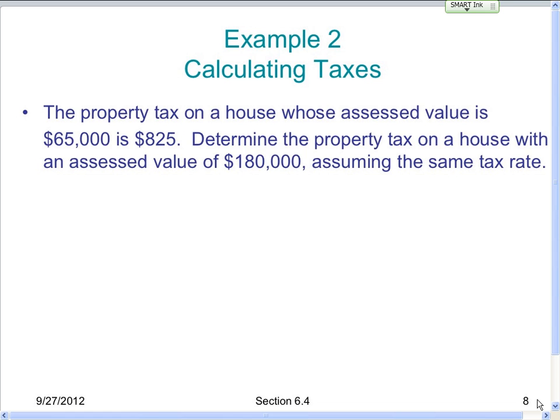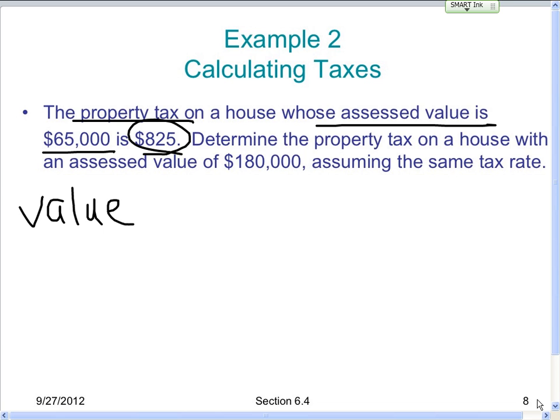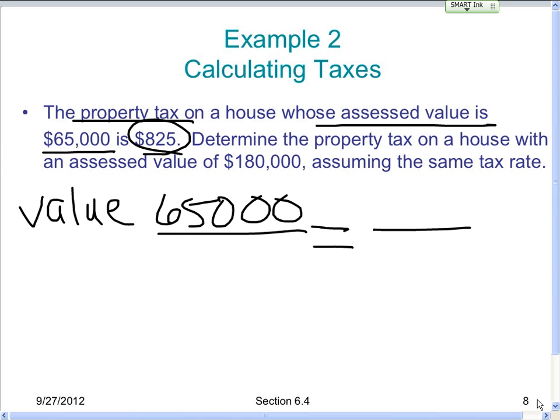So you have a property tax on a house. The assessed value is $65,000 and the property tax is $825. So if you're going to put value on the top of the fraction on the left, the fraction on the right also has to have value on the top.